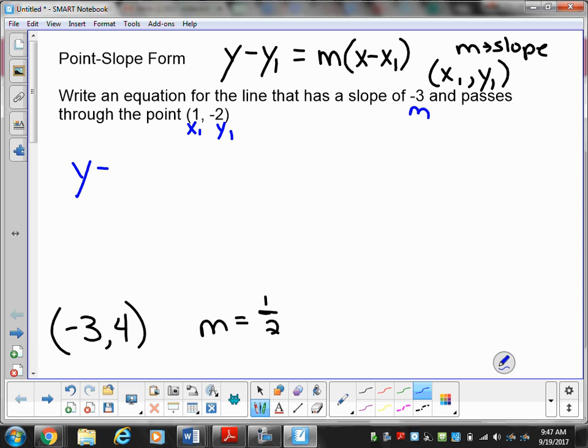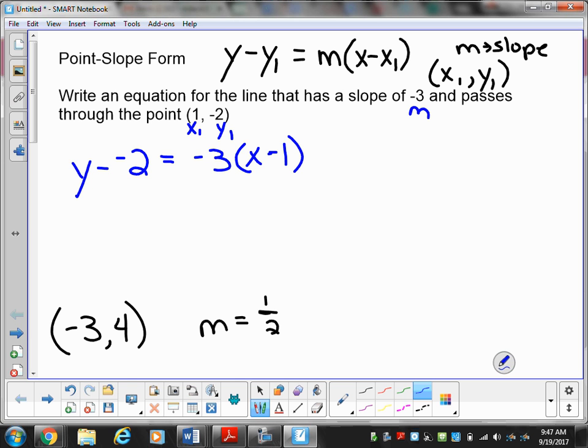So y minus a -2 equals -3 times x minus 1. So there's the equation.